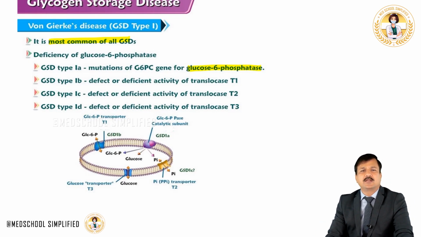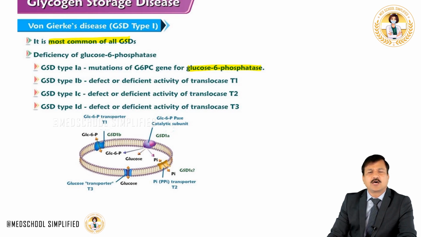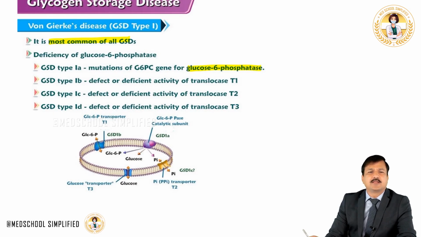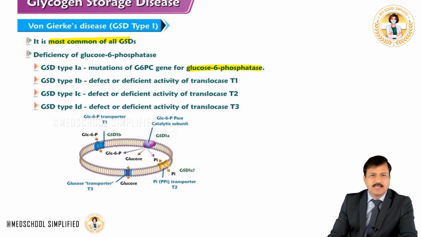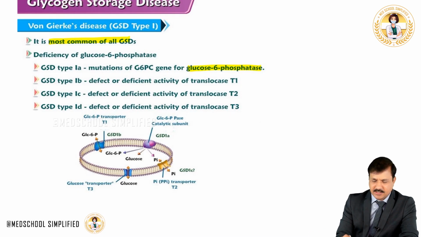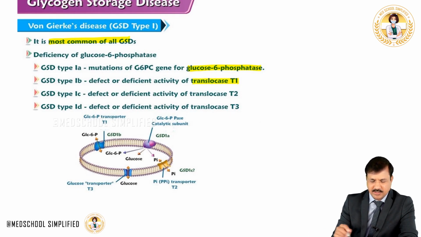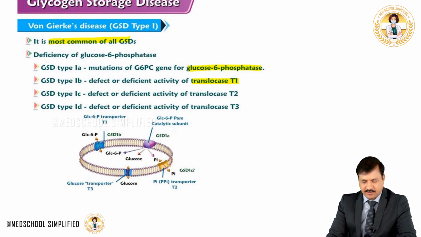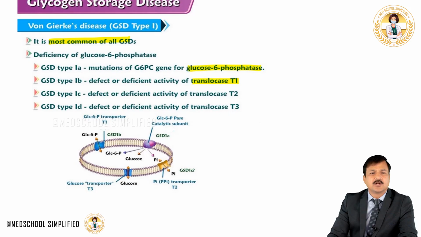That is done through a transporter present over the membrane of the endoplasmic reticulum, and the name of the transporter is T1 translocase, and that is what is written here. It is shown here: glucose 6-phosphate transporter, mentioned as T1 translocase.